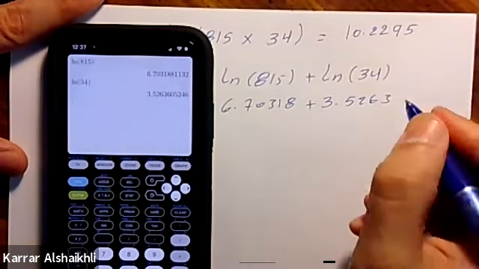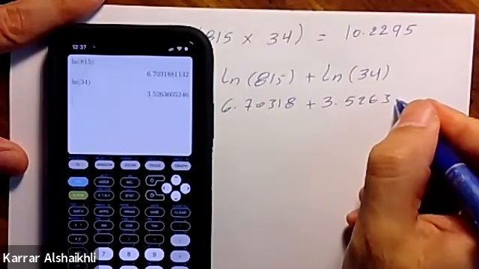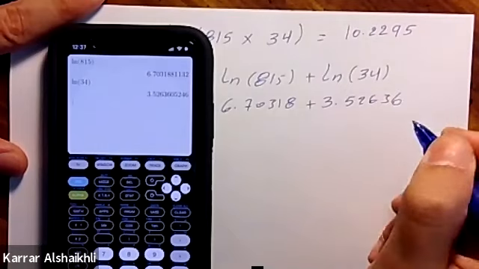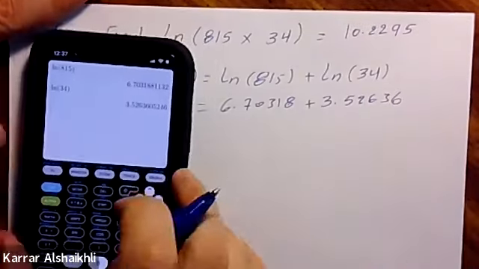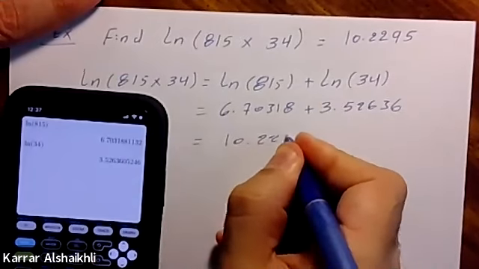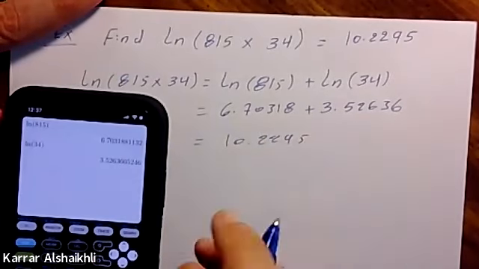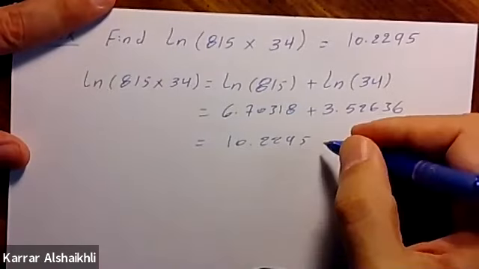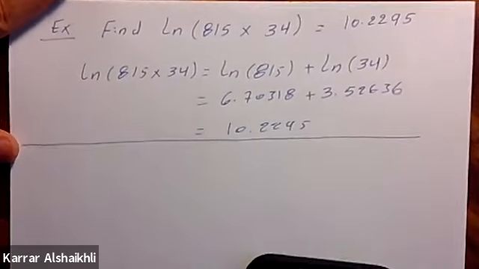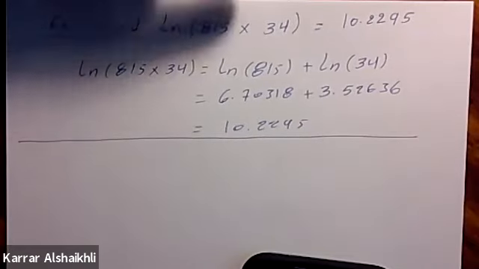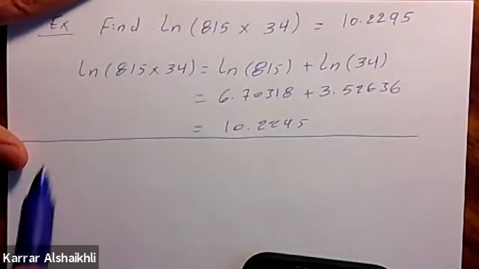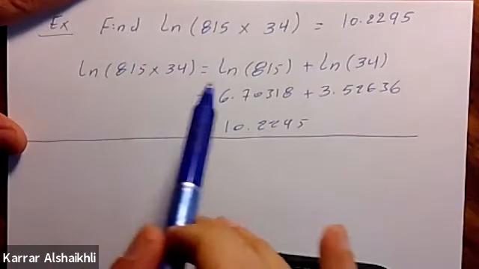Then add these two numbers, it's going to be exactly the same result, 10.2295. They ask you 4 decimal places, so it's exactly the same result. So it's up to you. If they tell you find ln of 815 times 34, you can just plug it in the calculator, or you can use the rule.